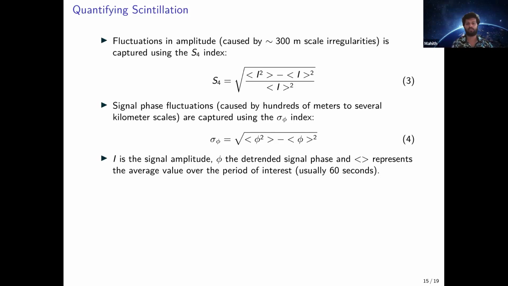S4 is simply the standard deviation of the captured signal intensity normalized to the mean intensity, and sigma phi is the standard deviation of the signal phase. Okay, and S4, which is due to signal amplitude, is sensitive to 300 meter scale irregularities. So if you have enhanced S4, that means there are 300 meter scale irregularities in the ionosphere.